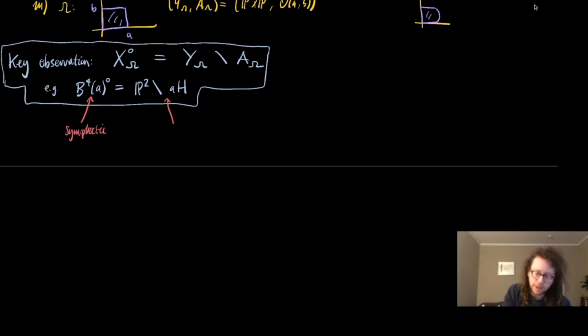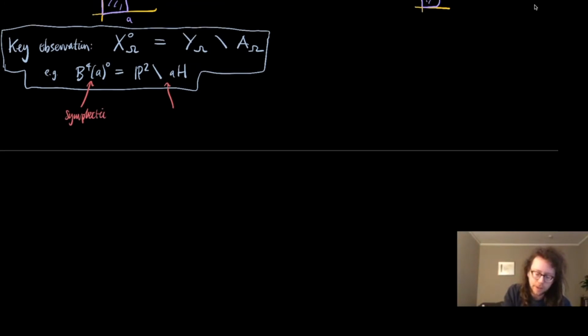So this is a symplectic object, which is well studied from the point of view of trying to embed one symplectic thing into another. And this is some nice algebraic object that we have a good handle on its geometry.